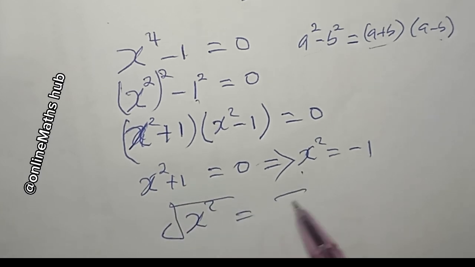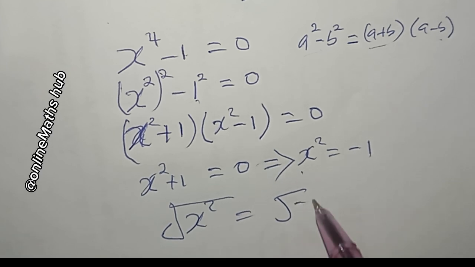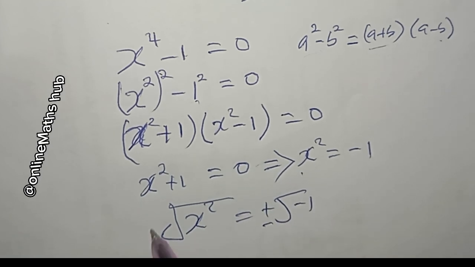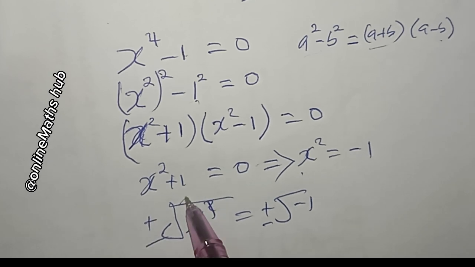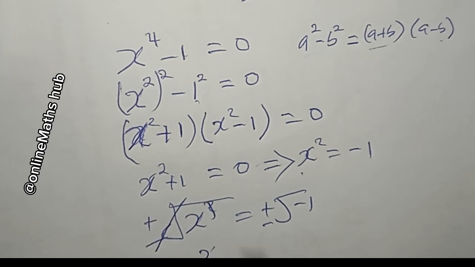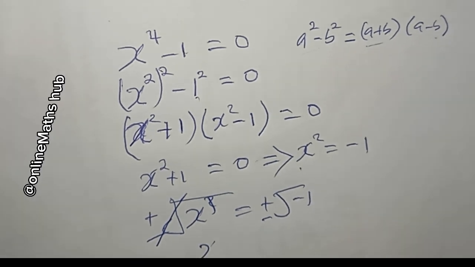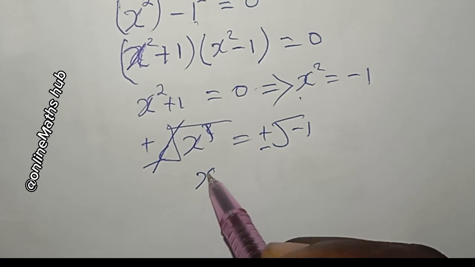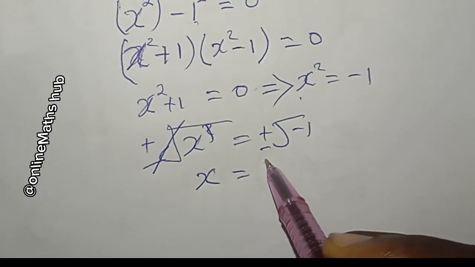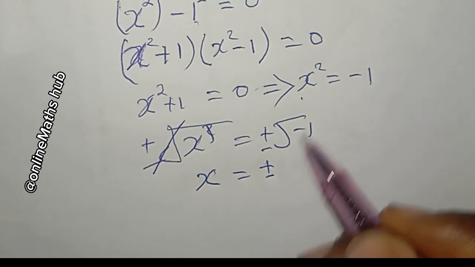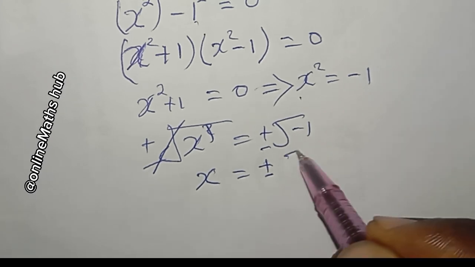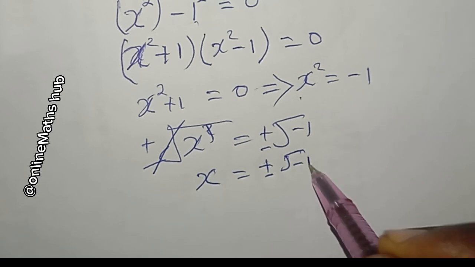x is equal to the square root of minus 1. Of course, square root comes with plus or minus, so this 2 cancels the square root, and we are left with x equal to plus or minus root minus 1.